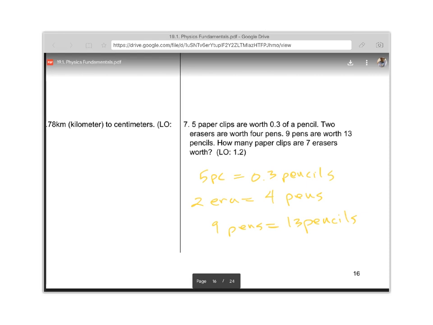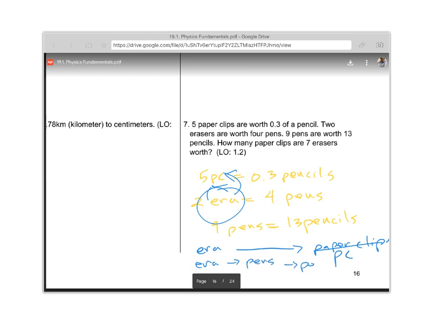The trick is you can't go straight from erasers to paper clips. You have to go erasers to pens, pens to pencils, and then you can go pencils to paper clips. So this is really the pathway you need for this problem.